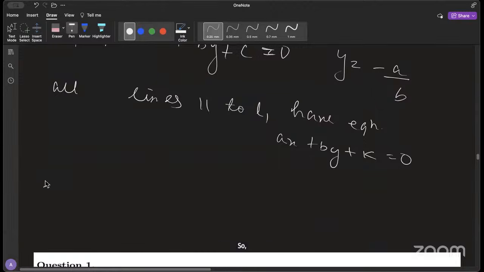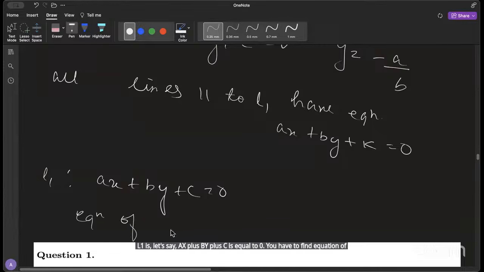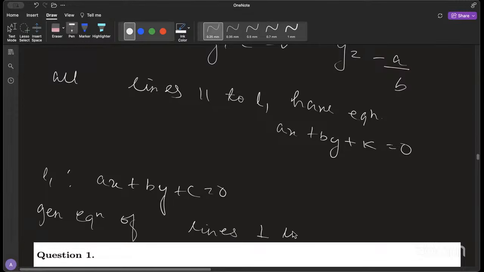So let's say you have L1 given, ax plus by plus c equals 0. You have to find the general equation of all lines perpendicular to L1.